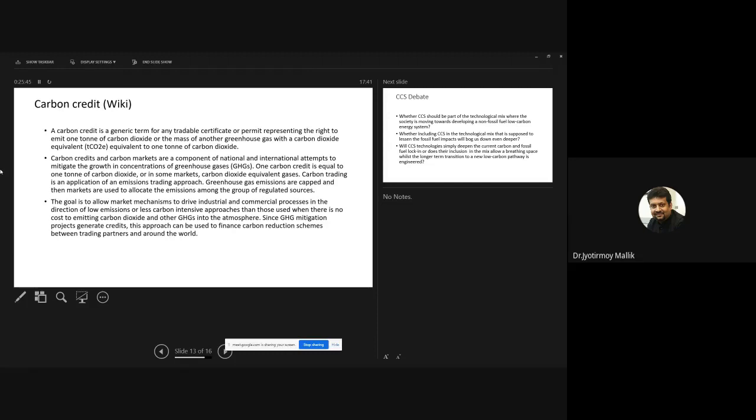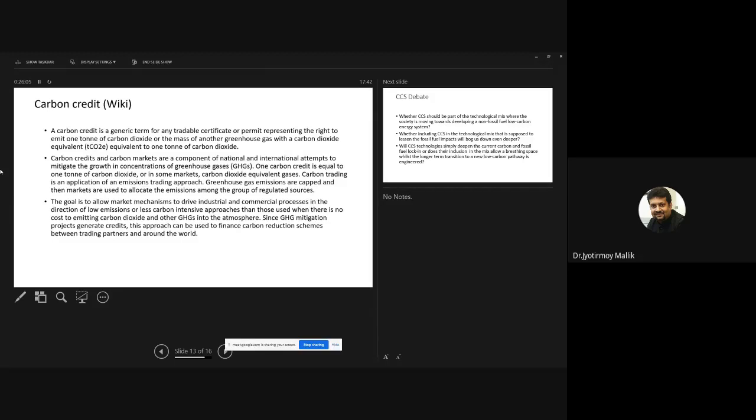The goal is to allow market mechanisms to drive industrial and commercial processes in the direction of low emission, less carbon intensive approaches than those used when there is no cost to emitting carbon dioxide and other greenhouse gases into the atmosphere.